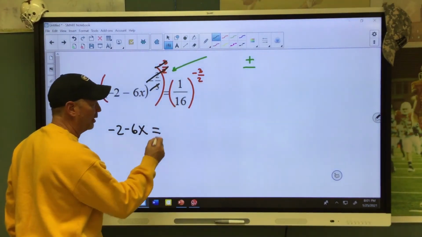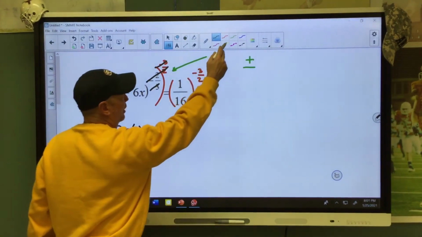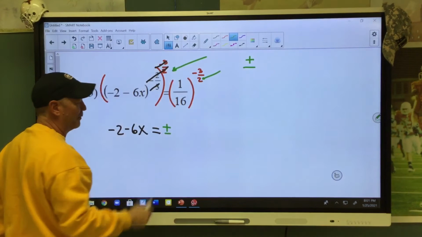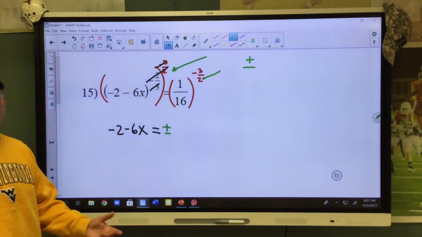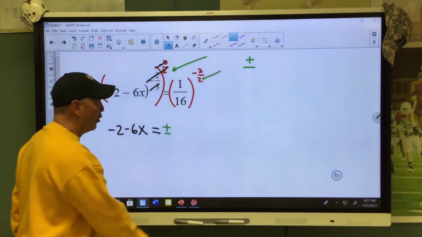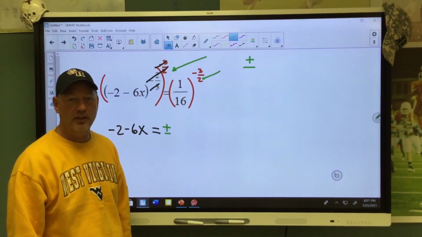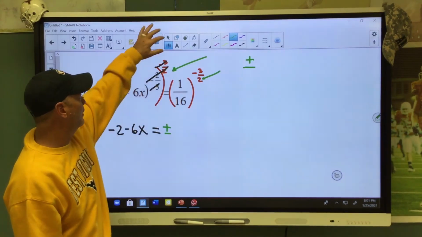Equals. Now remember, this guy's going to make me have a positive negative. But I don't know what it is. I have no idea what 1/16 raised to the negative 3 over 2 is. I'm going to use my calculator.